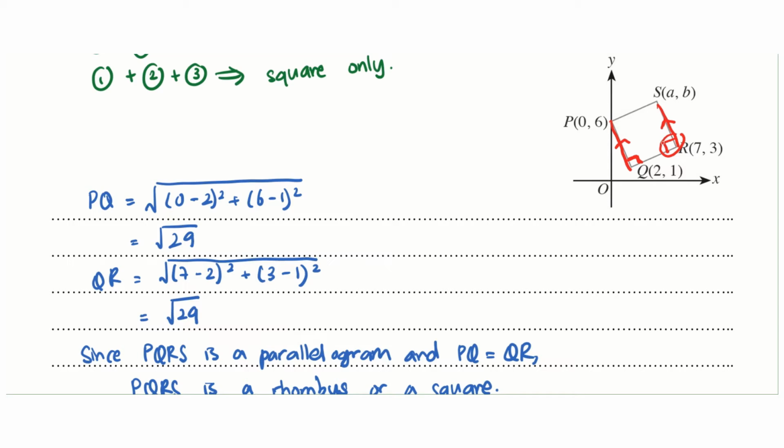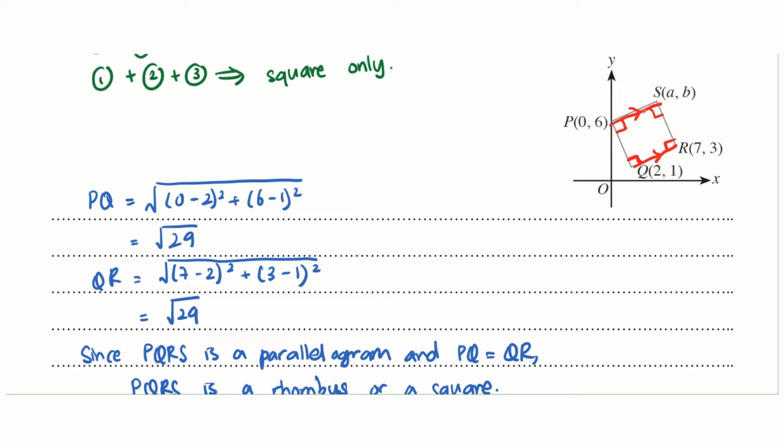By the same concept, because I know that it is a parallelogram, now I will consider these two lines that are parallel to each other. If now I'm sure that angle Q and angle R are going to be 90 degrees, by the same property, interior angles, parallel lines, I will be able to deduce that this is 90 degrees.